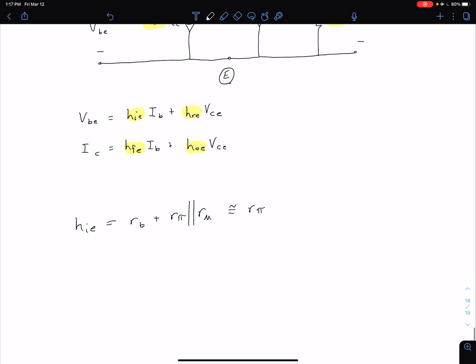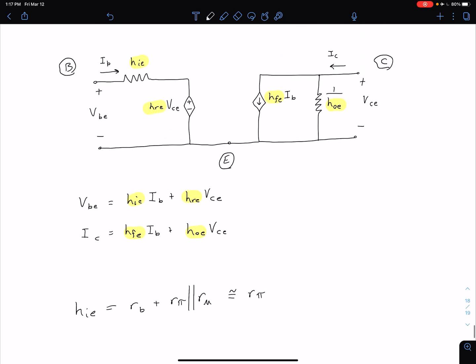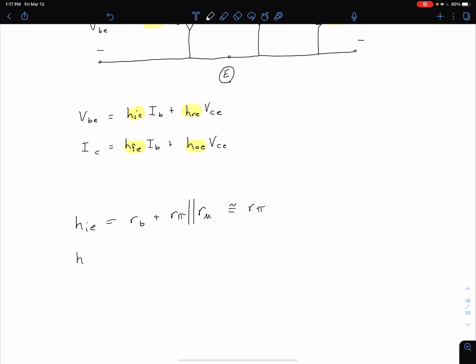The next parameter on that input side is that HRE term. What we can see is this is adding some dependence in our input loop on that output voltage VCE. I'm using input and output pretty loosely, since it is ultimately determined by how the circuit that our BJT is in is configured. But if we look at that other parameter from our input loop, the HRE, essentially it's relating that VCE to the input side.